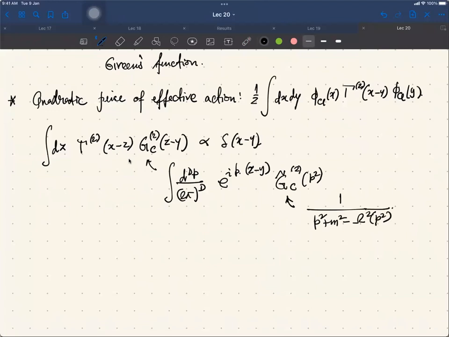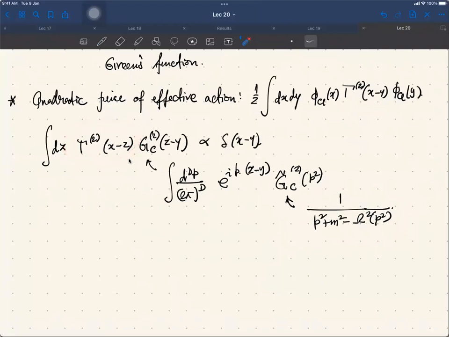So in the Fourier space, the expression for the connected Green's function is this, and the quadratic piece of the effective action from where you get this 2-point 1 pi vertex is the inverse of that.